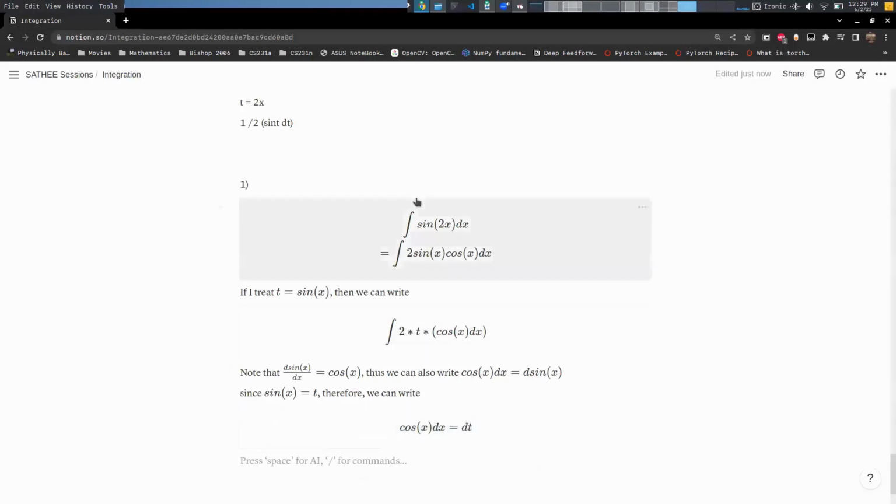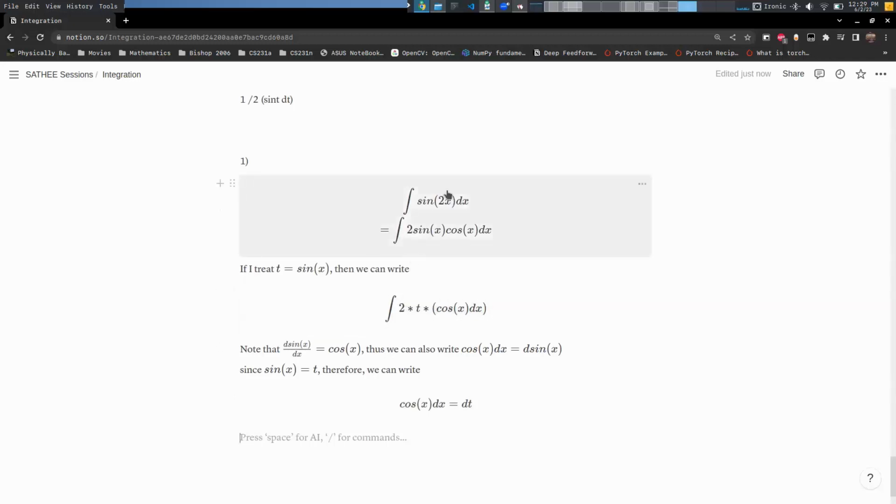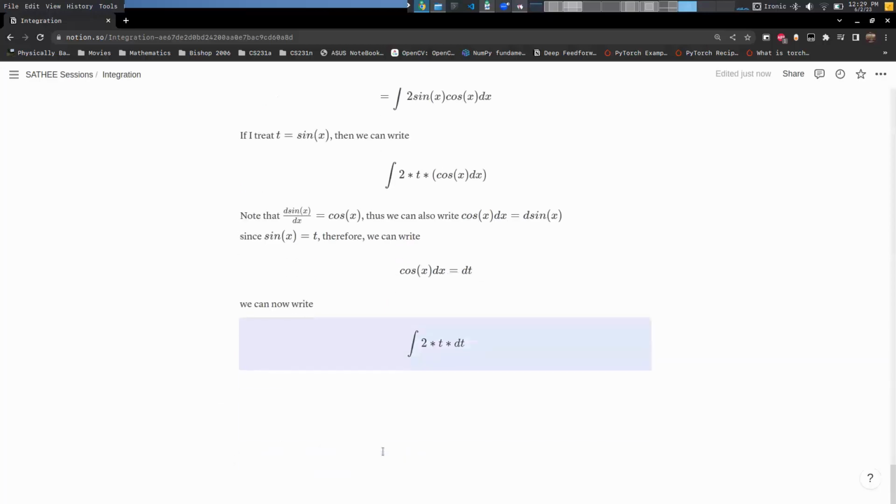And if we put this value back into the earlier expression, we can now write 2 into t into cos x dx will be nothing but dt.